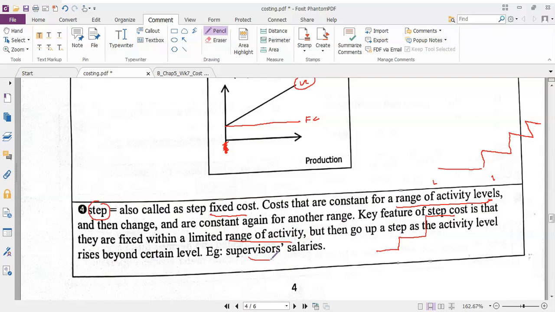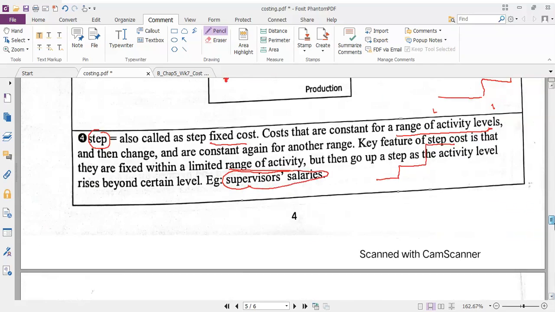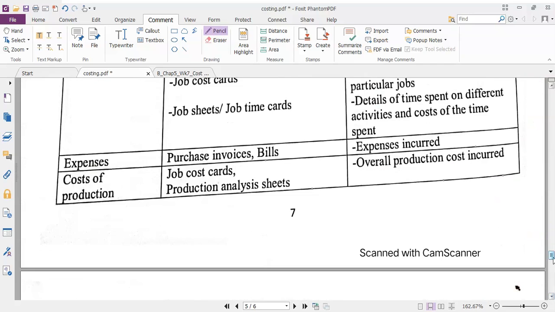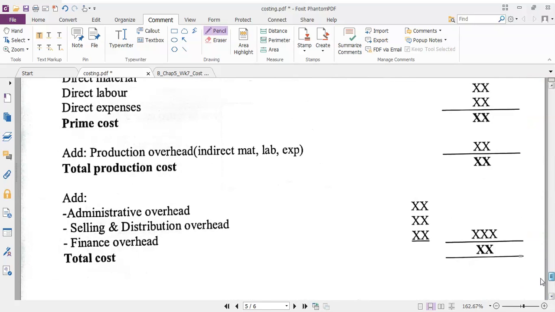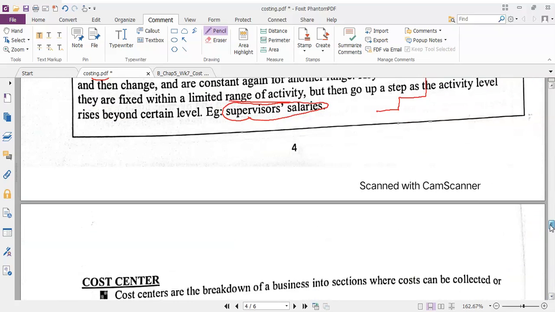For example, supervisor salary. Okay. Supervisor salary ni kalau tengok apa tadi. Ada dia beritahu tak tentang supervisor salary. Example of step. Mana dia punya graph?